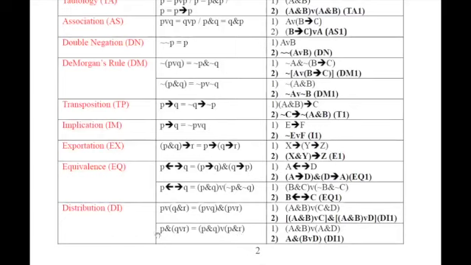I'll need P and I'll need Q or R. Here, P is going to be Y. Q or R is going to be Z or A. So let's look at Y.